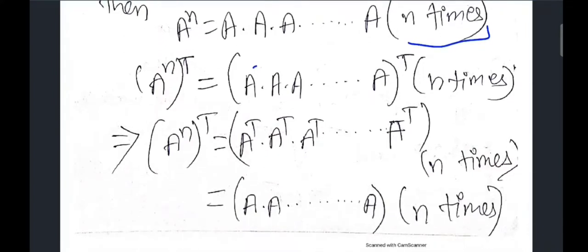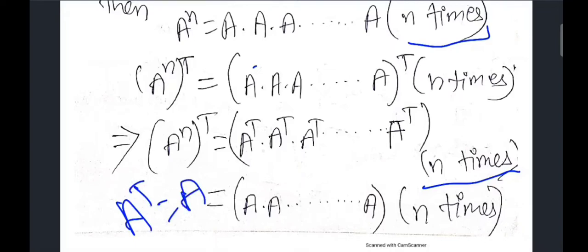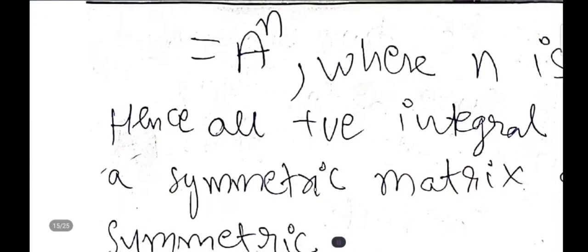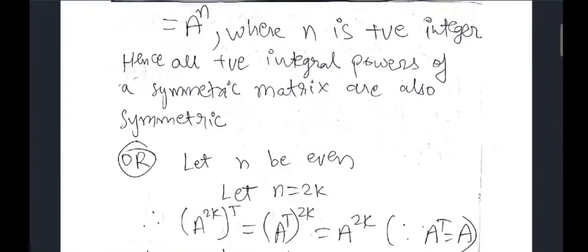Since it is a symmetric matrix, A transpose is again equal to A, n times, so it will be equal to A to the power n, where n is a positive integer. Hence all positive integral powers of a symmetric matrix are also symmetric. This is very clear from this.